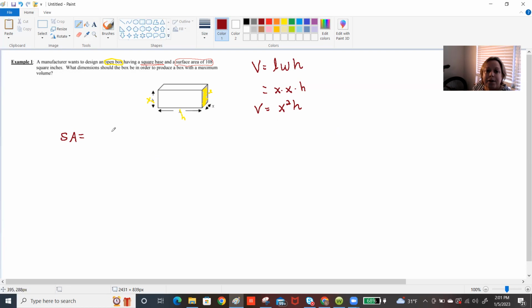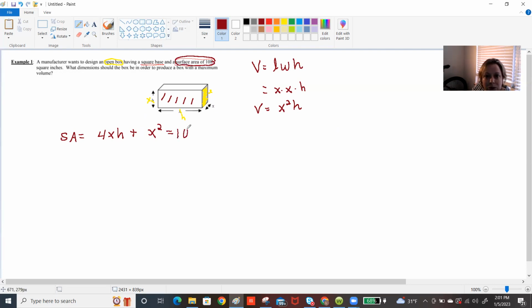So now that we're back, so we know that we have 4 sides with area XH. So this is going to be 4 times XH plus, oh, but remember, we don't have one of the sides, so it's the area of only one of them, X squared, right? But we also know that the surface area is 108, right?